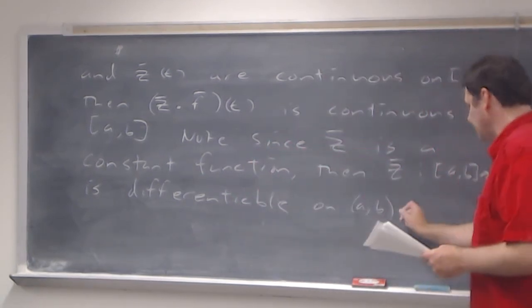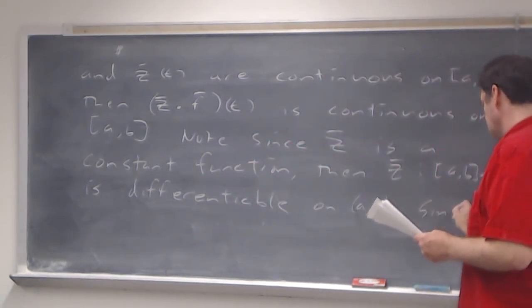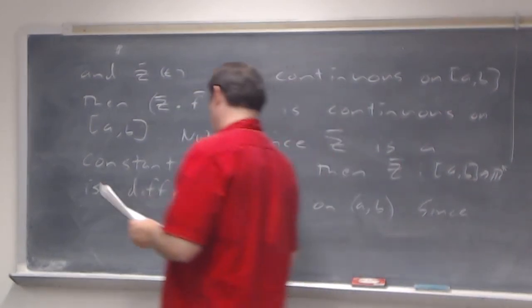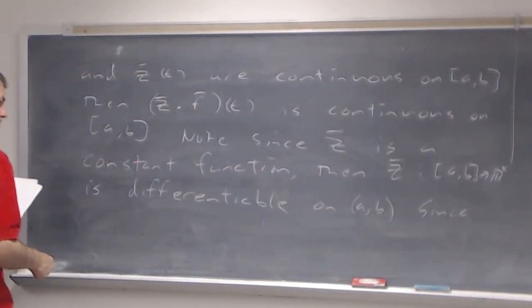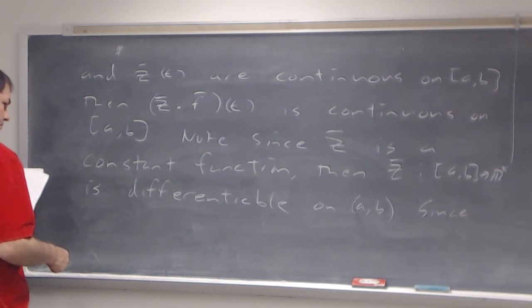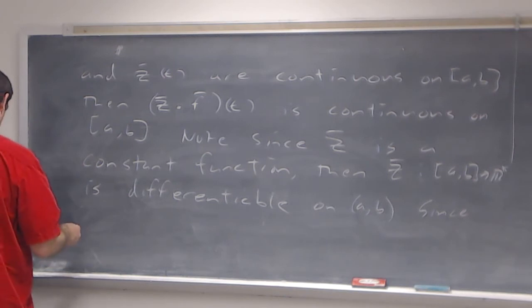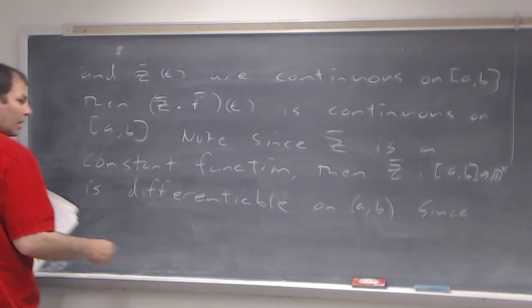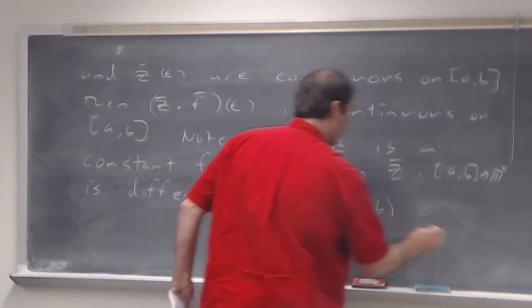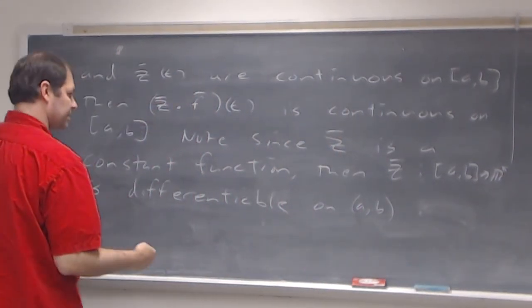Okay? And this derivative is 0. And f bar, we're assuming by hypothesis, is differentiable.